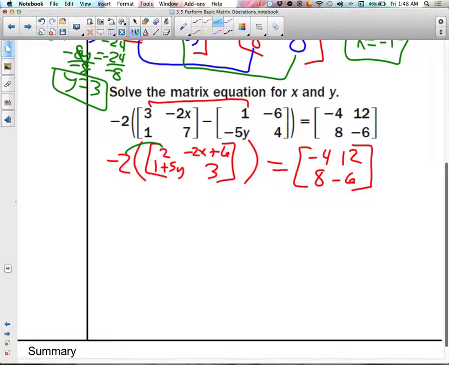So negative 2 times 2 gives me negative 4. Negative 2 times 1 plus 5y. That gives me negative 2 times 1 is negative 2. Negative 2 times 5y is negative 10y.